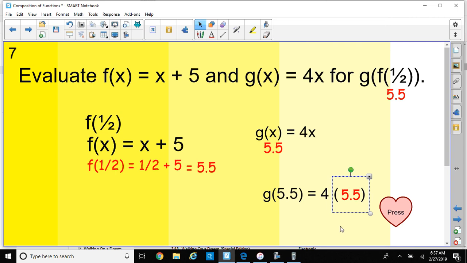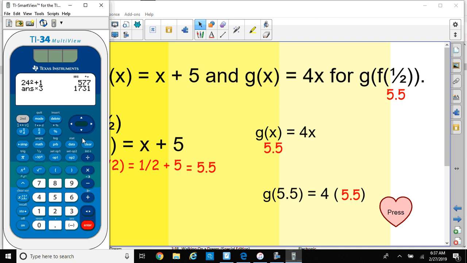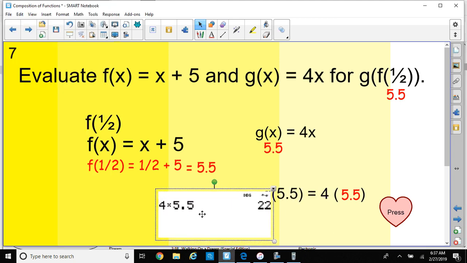So now all we have to do is multiply 4 times 5.5. This is where a calculator comes in handy. So 4 times 5.5. Enter. 22 is the answer. So let's put that over there.